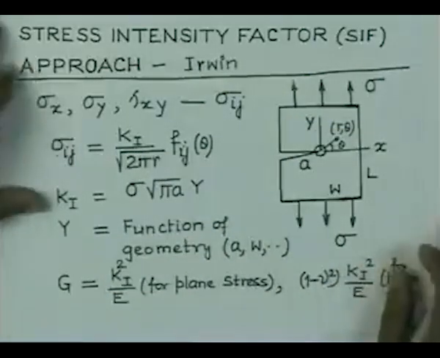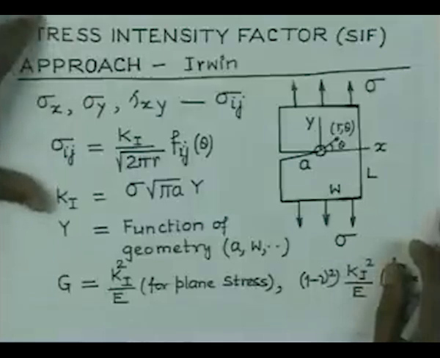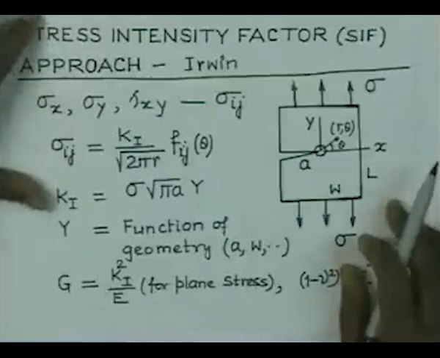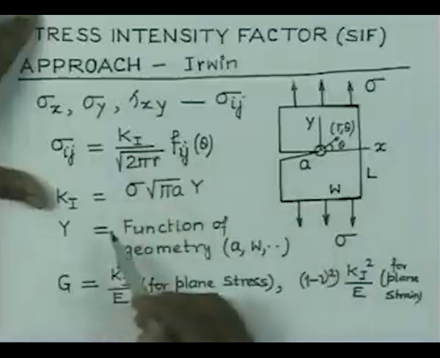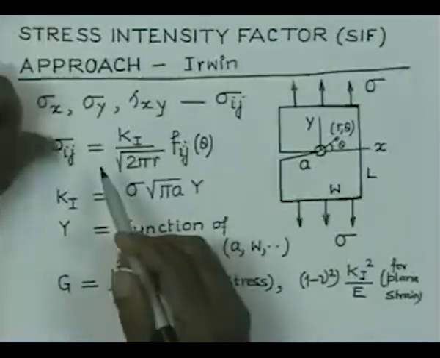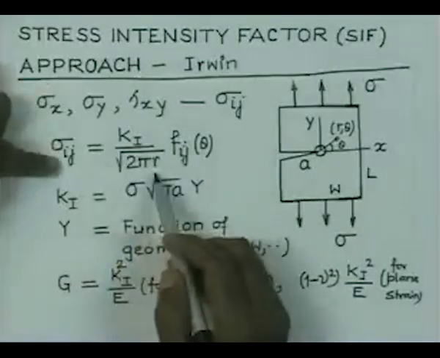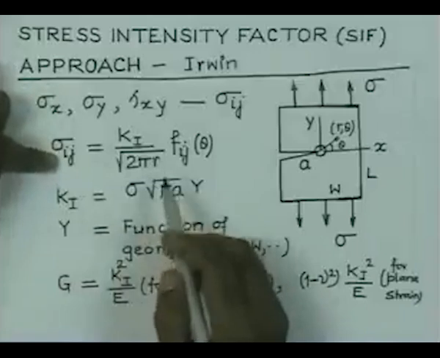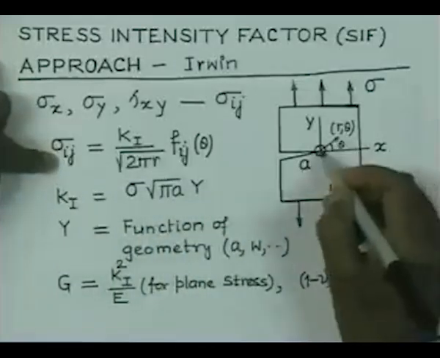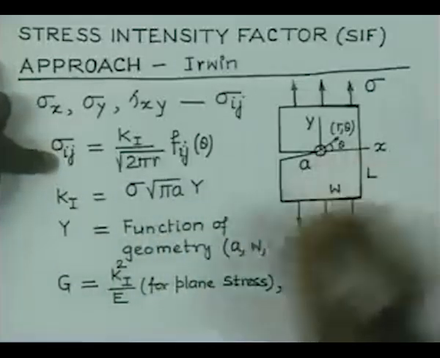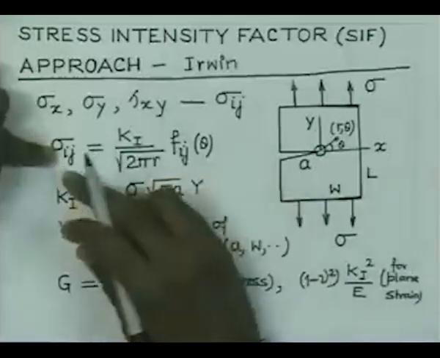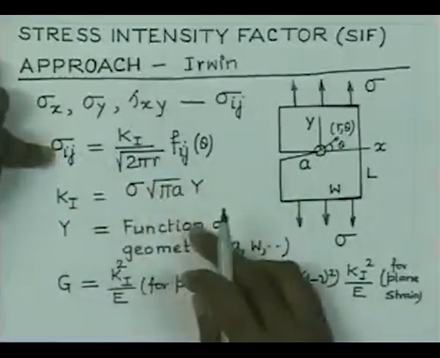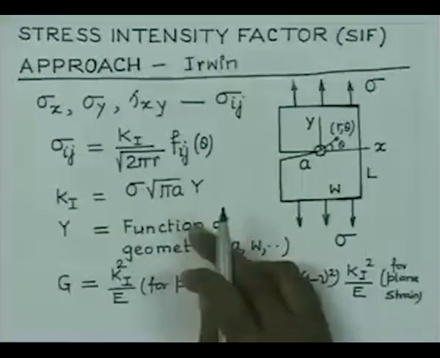This is a very important parameter, and it is also clear from this relationship that as one approaches the crack tip along any radial direction, as r tends to 0, the stresses shoot to infinity. So, the stresses are infinite at the crack tip, as one could expect.